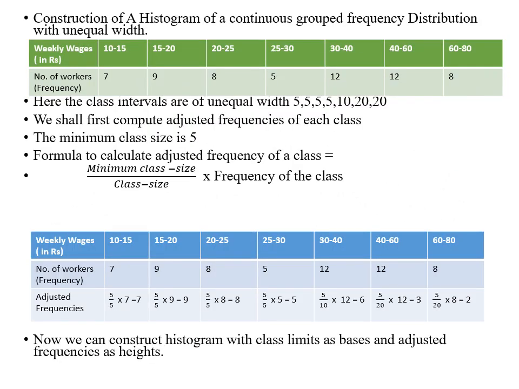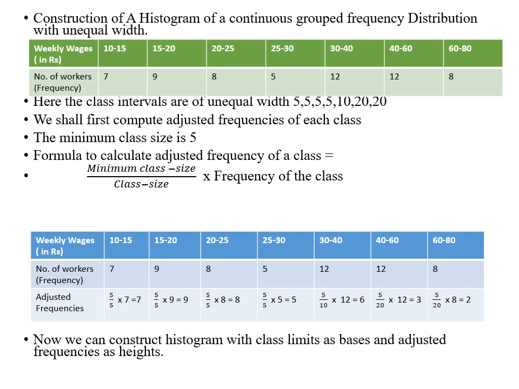Now on this slide we will see again a histogram of continuous group data but with unequal width. See here how the widths are unequal. 10 to 15 means 5 is the class size, that is the width. So the frequency is 7. 15 to 20, class size is again 5.